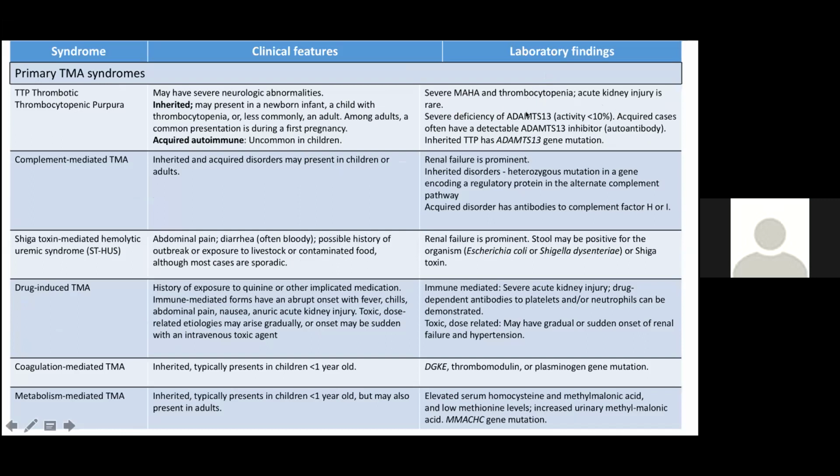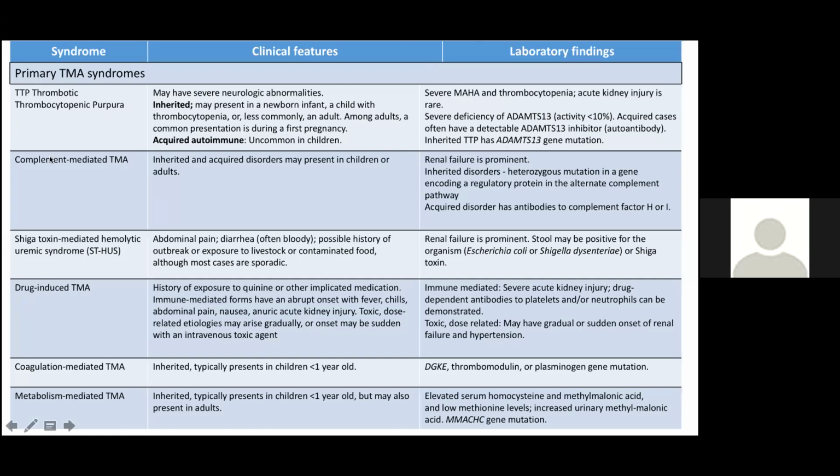Acute kidney injury is rare. The ADAMTS13 activity will be low. Acquired cases will have a detectable ADAMTS13 inhibitor, which of course we cannot assess. None of these things can be done in Sri Lanka. In India, private labs, I just inquired, if you really want, private labs sometimes do this for us from India.